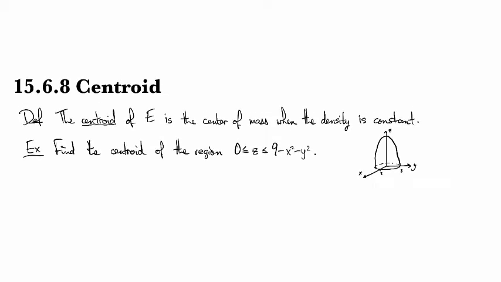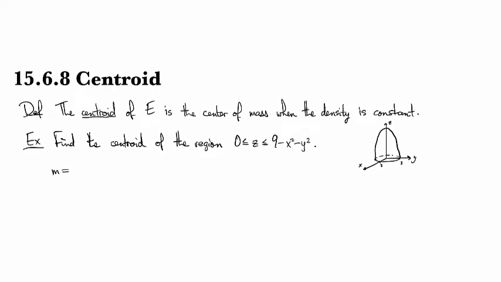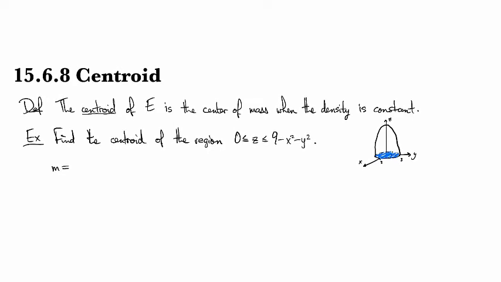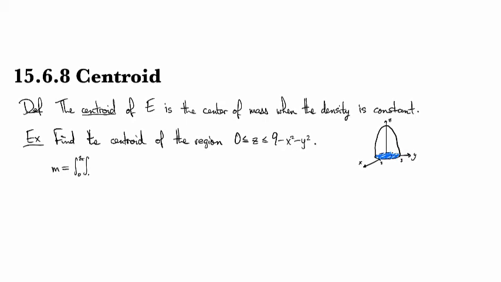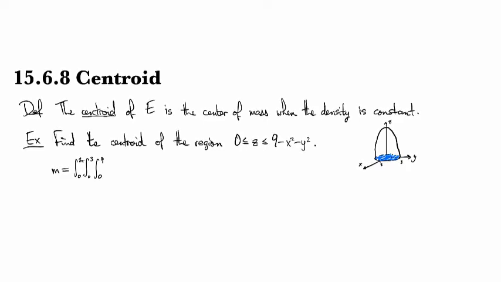So now this looks like a good one for setting up in polar coordinates. If we're going to find the mass, we'll set up first the disk across the bottom here, this blue disk. And so that's going to be 0 to 2 pi, 0 to 3. And then z is going to be going from z equals 0, the xy plane, up to 9 minus x squared minus y squared.